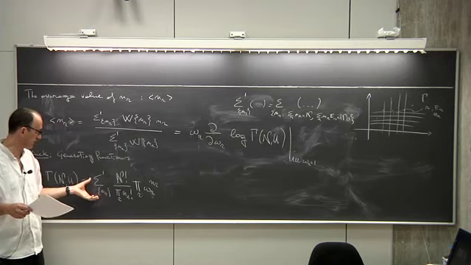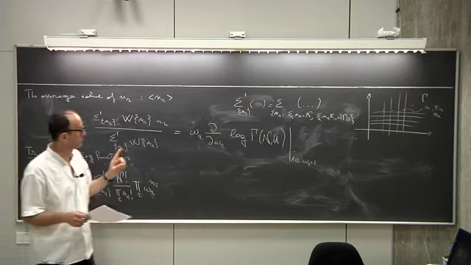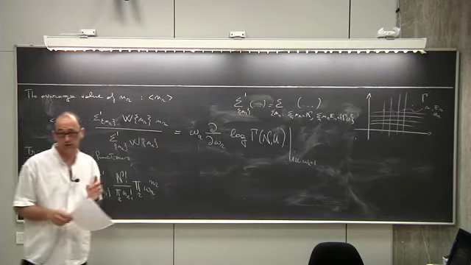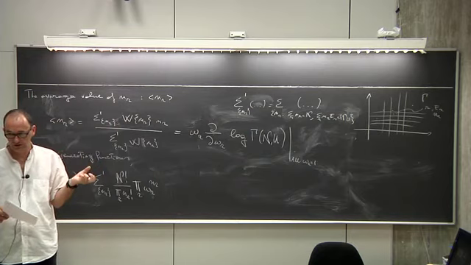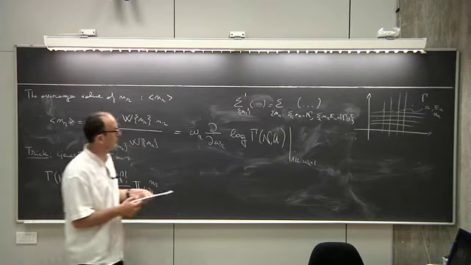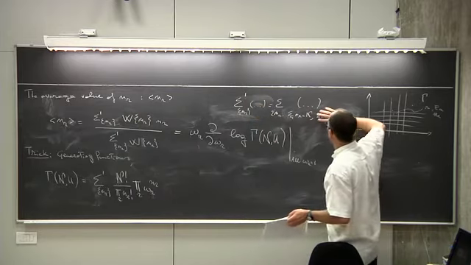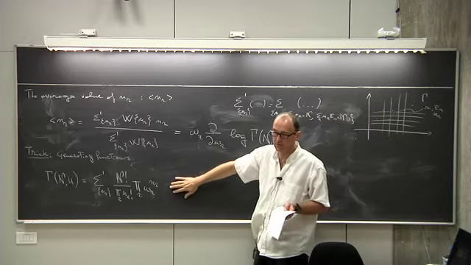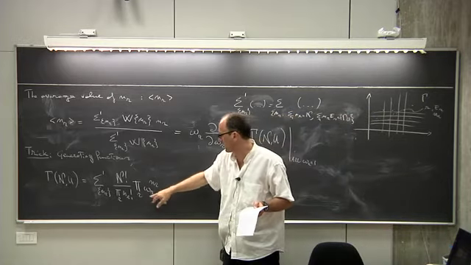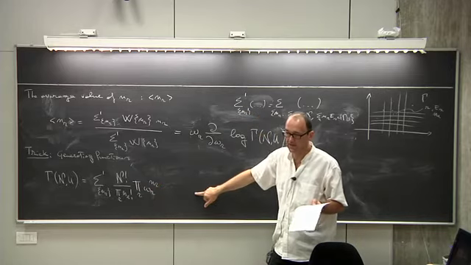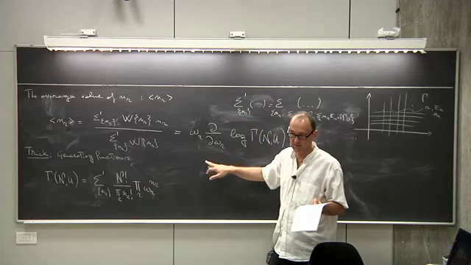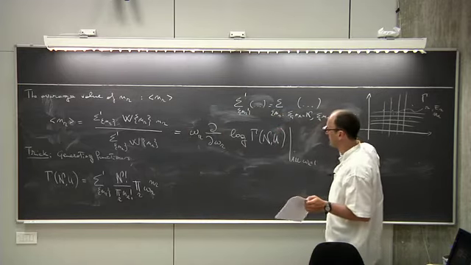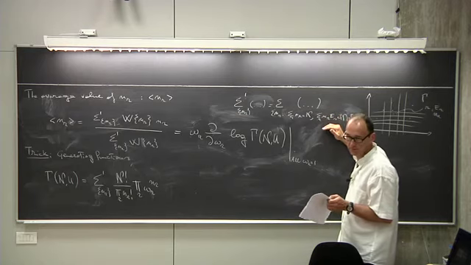It is not easy to compute this sum because of this constraint here. If there were no constraint on the energy, then this would be very simple, because it's just the multinomial expansion of the sum of the omega r to the big N. But this constraint actually makes life more complex.